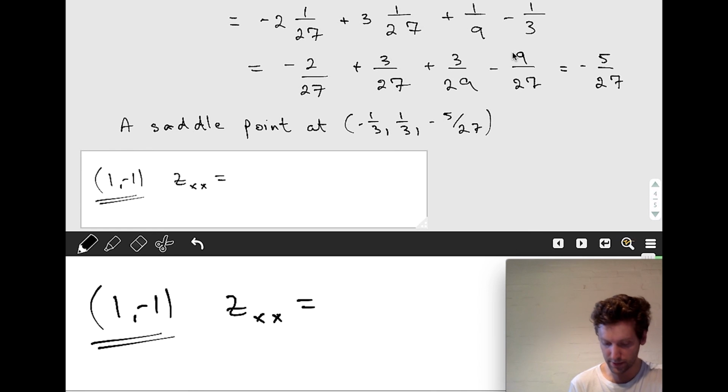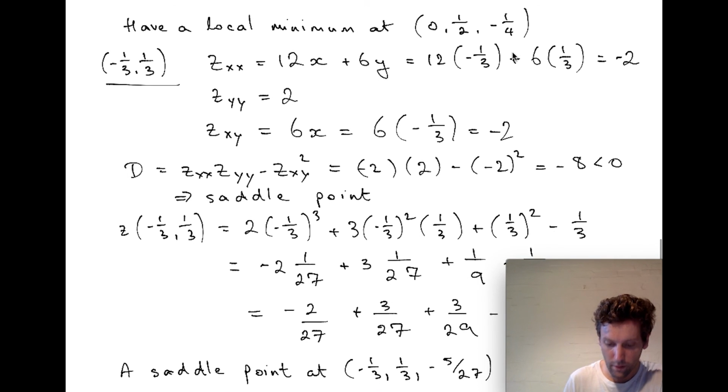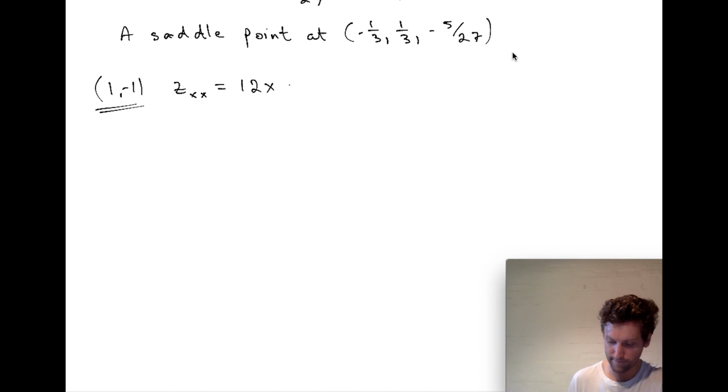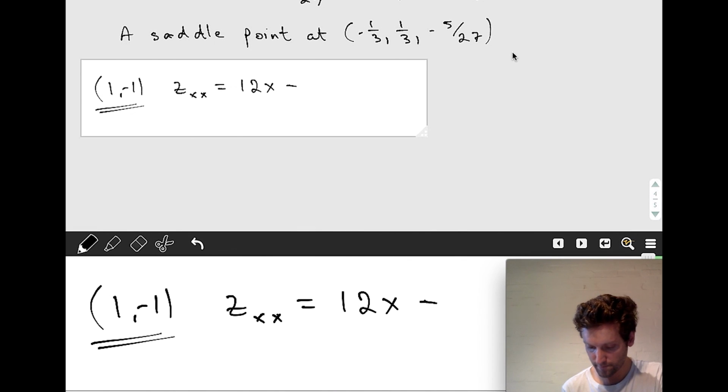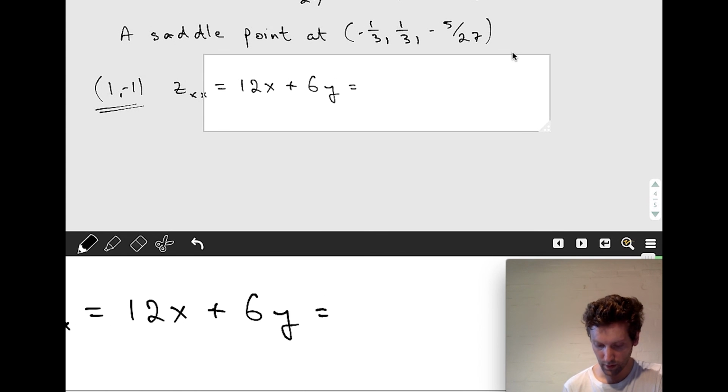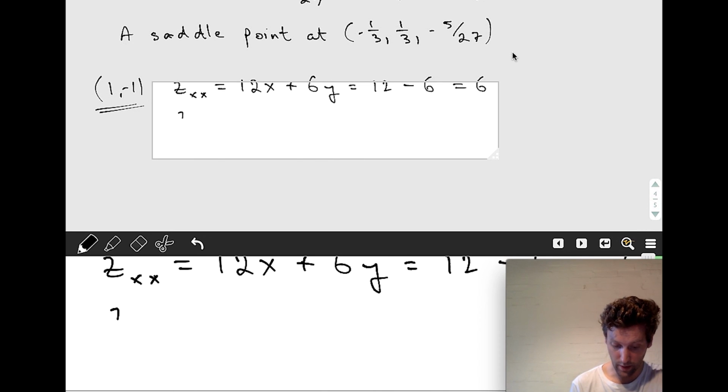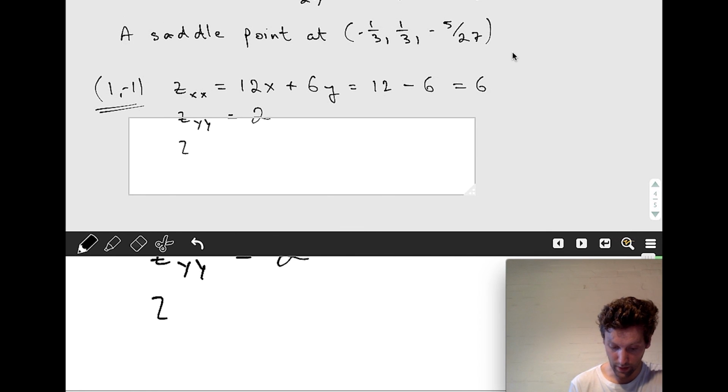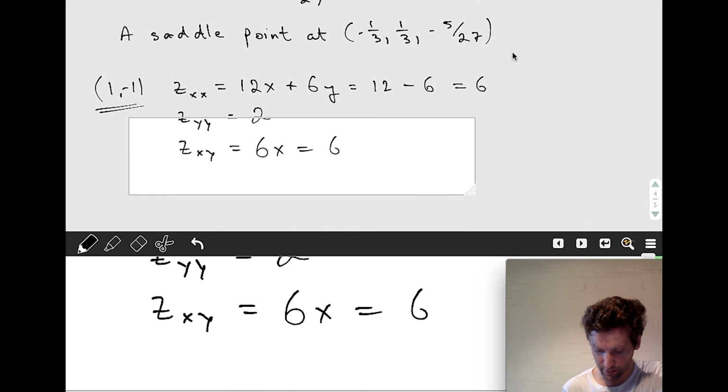So zxx was 12x plus 6y, which is equal to 12 times 1 plus 6 times minus 1, which is equal to 6. zyy was just equal to 2. And zxy is equal to 6 times x, so that's equal to 6.